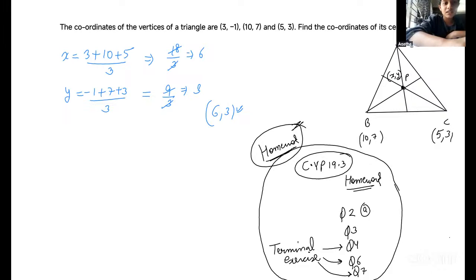Homework is Check Your Progress 19.3 and the terminal exercise, 467. Questions 2 and 3 are from CYP 19.3, right? And only A, you said.